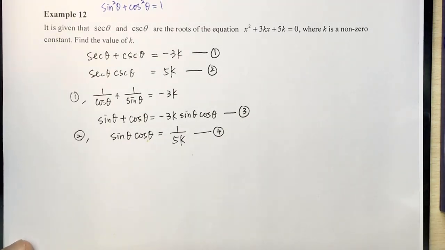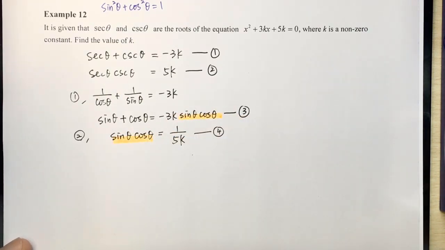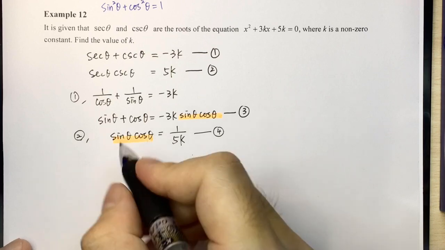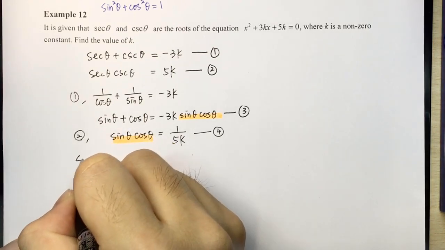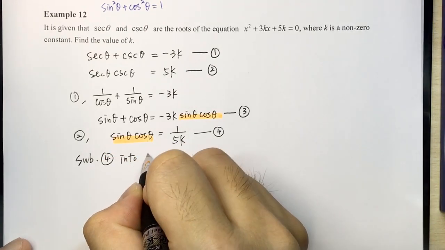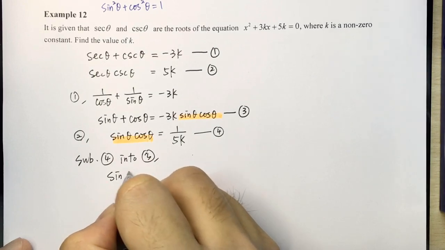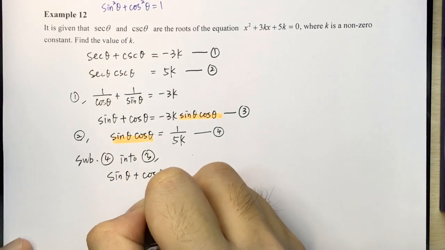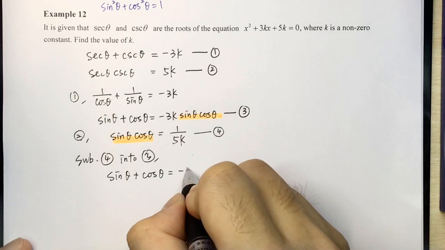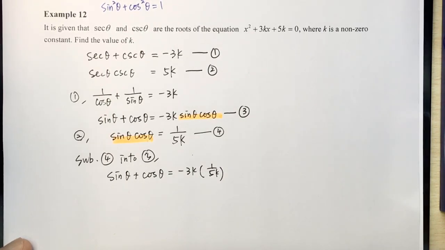Now, you know that we have the same set of sine theta and cosine theta in the 2 equations, so we do the substitution. We substitute equation 4 into equation 3, so we have sine theta plus cosine theta is negative 3k times 1 over 5k, which is negative 3 over 5.